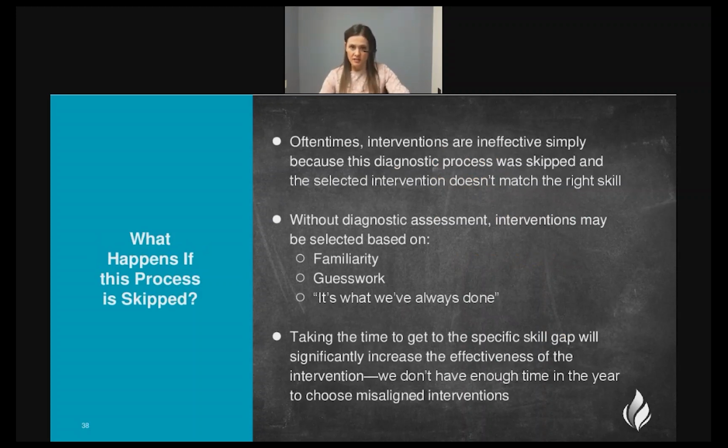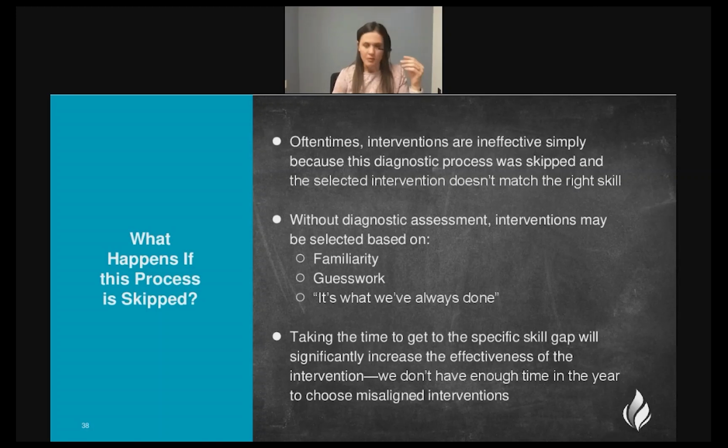If this process is skipped, interventions can be ineffective just because we've missed that diagnostic portion. If we go off of our gut and say, well, I've had kids in the past where this intervention has seemed to work, I've had good outcomes, the more intense the student's need is, the less we should rely on those gut-based instincts.